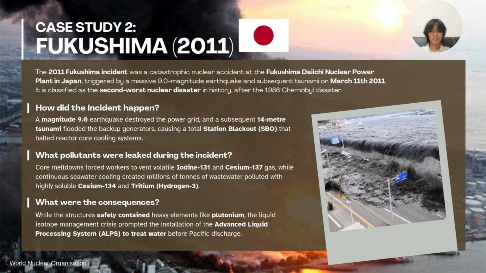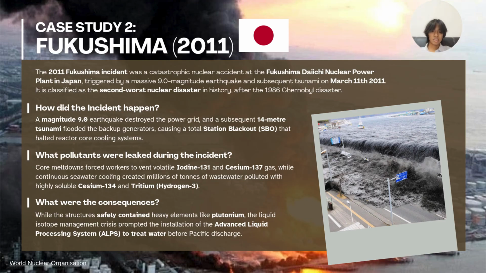Meanwhile, the seawater that flooded the cooling system created millions of tons of wastewater that was polluted by cesium 134 and tritium, aka hydrogen 3. So these pollutants caused massive contaminated water to flood the city.